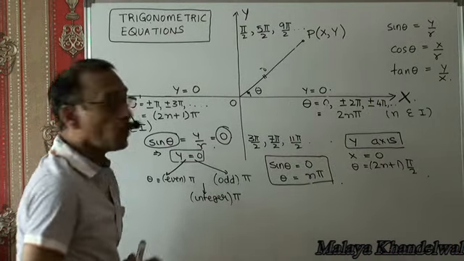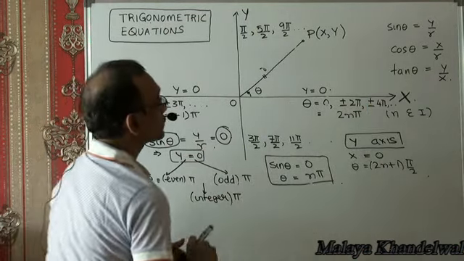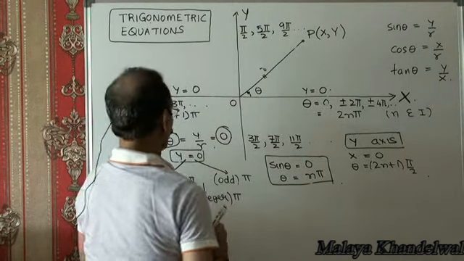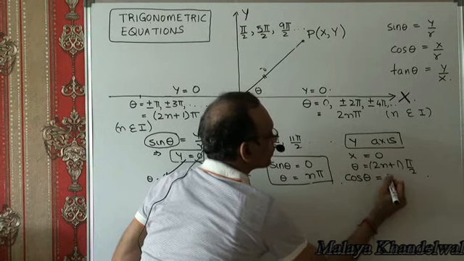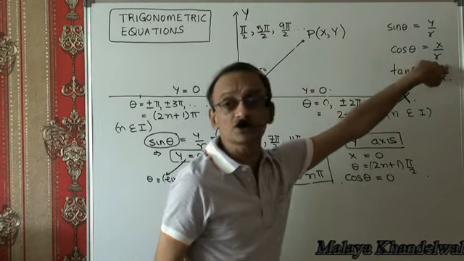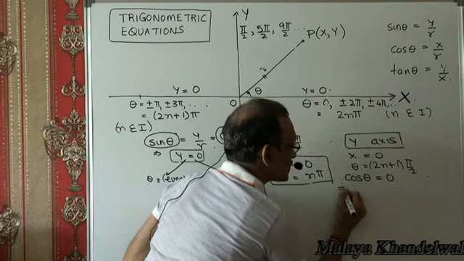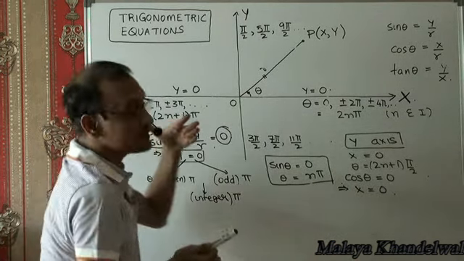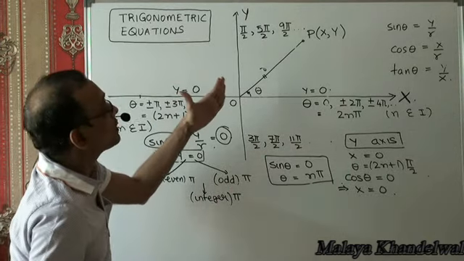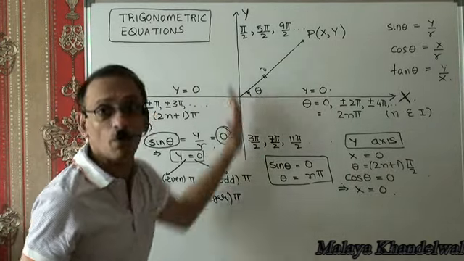Now, what about cos theta equal to 0? So, cos theta would be 0. Cos theta is x by r, cos theta is 0 every time x is 0. And when is x 0? X will be 0 whenever the rotating line coincides with the y-axis.